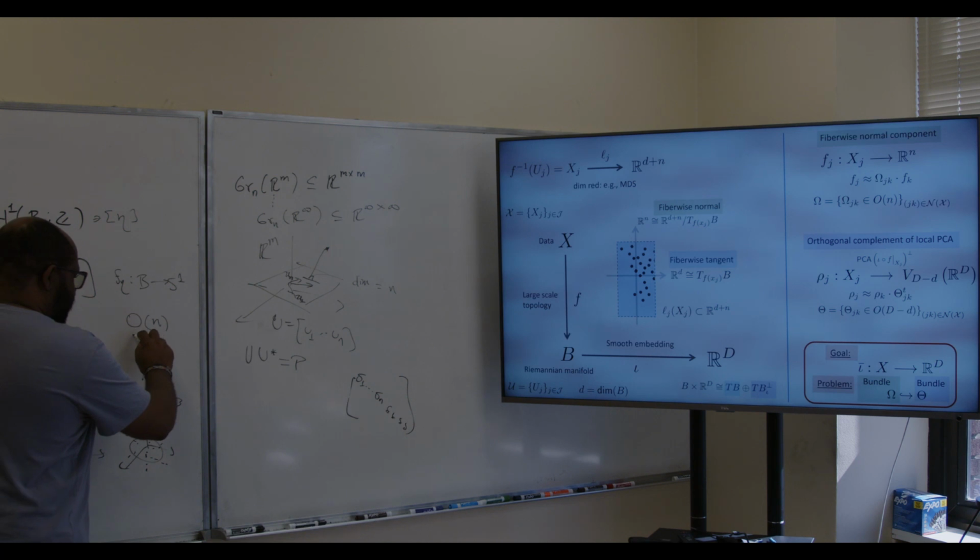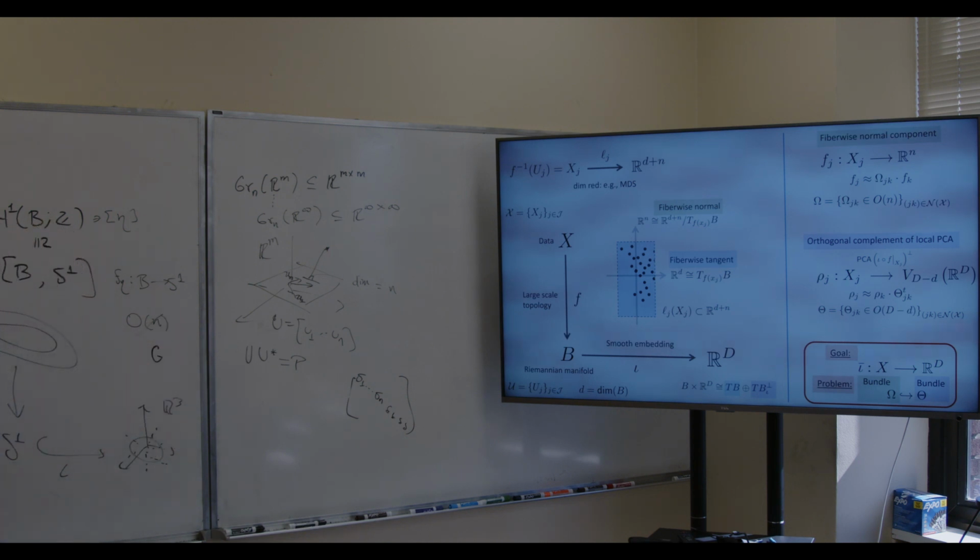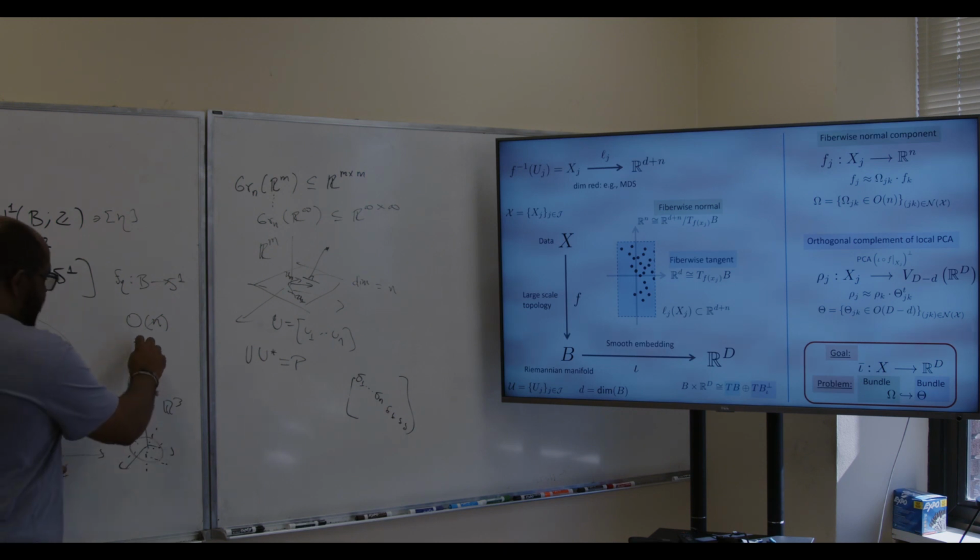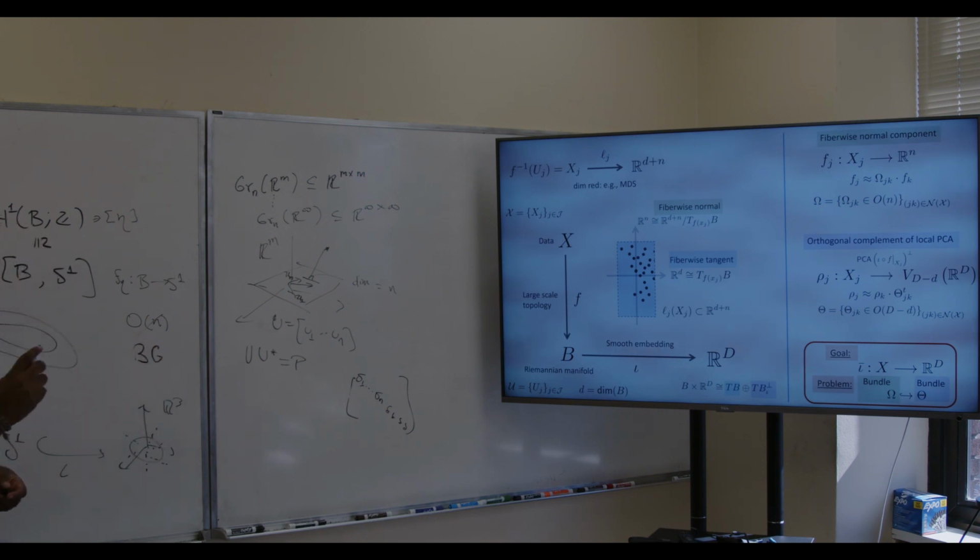If you replace O(n) by another topological group G, then there is an equivalent thing to the Grassmannian, the classifying space of the group, which you've probably used in your constructions. And maps from my space to the classifying space BG are the same thing as principal G bundles over B. So it has the same flavor.